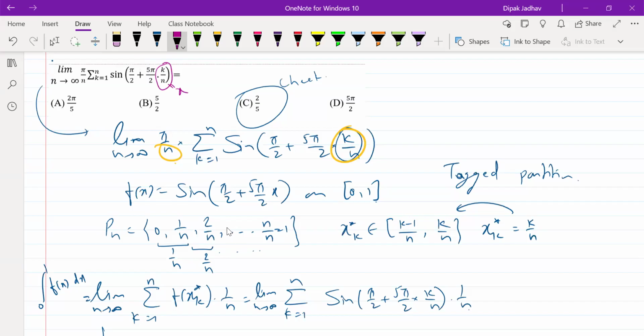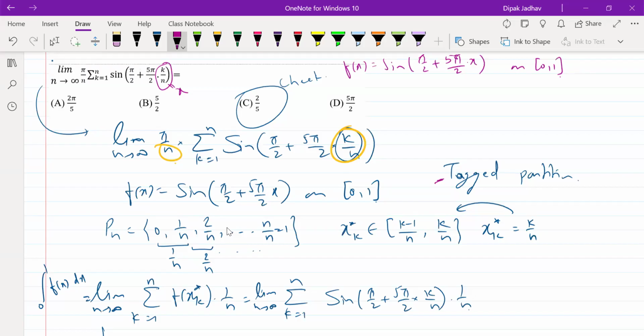So we are considering this function f of x is equal to sine of pi by 2 plus 5 pi by 2 times x, and we are considering the interval 0 comma 1. But instead of taking upper Riemann sum or lower Riemann sum, we are taking a special kind of Riemann sum that is formed by using a stacked partition.